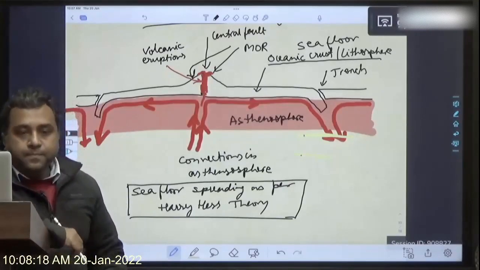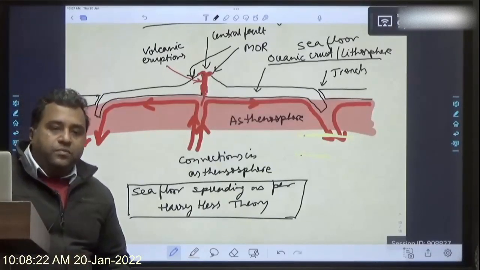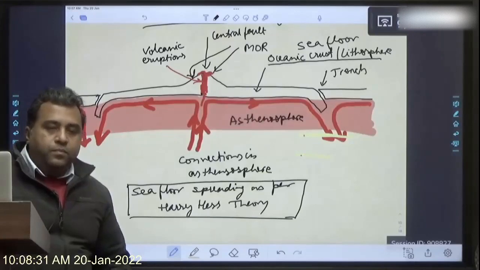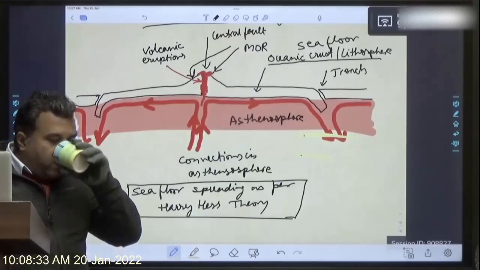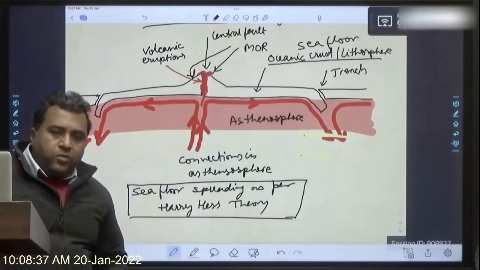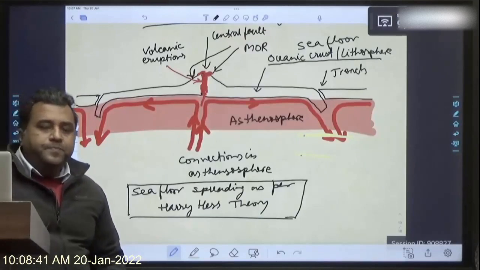All right. So once you have drawn, then write down. Harry Hess, I'll go on dictating slow. The ones who are still drawing some parts can gradually complete.